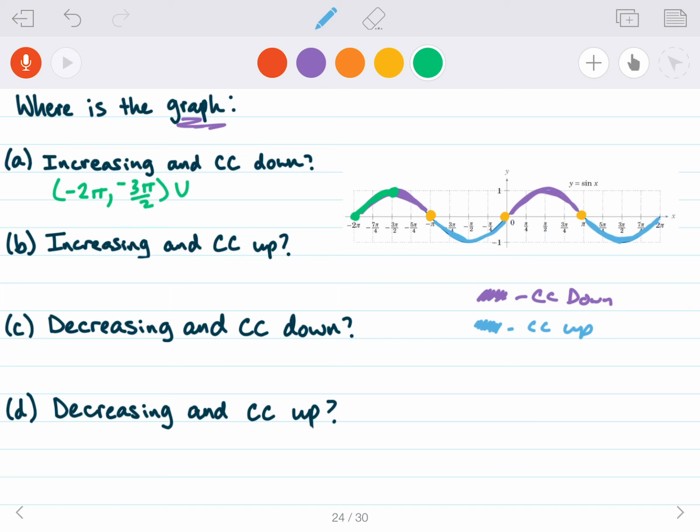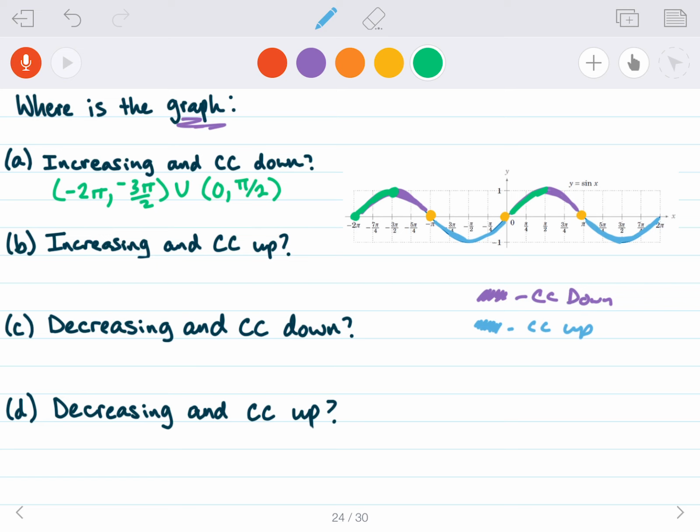And then we'll union that with this guy. We're going from x equals 0 to x equals pi over 2. That's where the height's increasing. Okay, so those are our intervals of increasing and concave down.